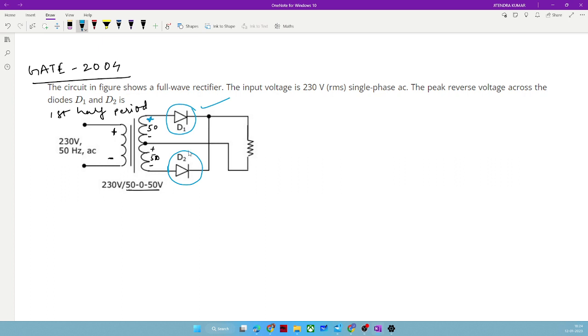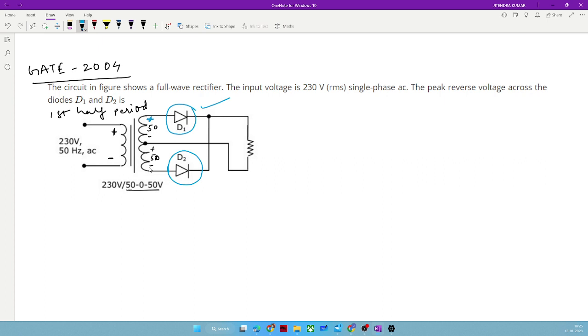And this diode is connected to the negative terminal, so this is definitely going to turn off. So you can see that at any instant, only one out of two diodes will conduct. That's my point, and that's the entire philosophy behind the center tap rectifier.